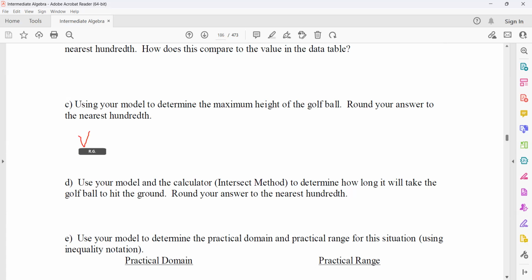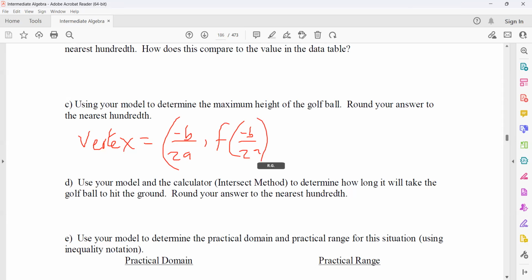So for vertex, the x part is negative b over 2a. And then whatever you get for x, you put it in, right? So negative b over 2a. Remember, we are using our model. So from our model, what is a? A was negative 15.786.